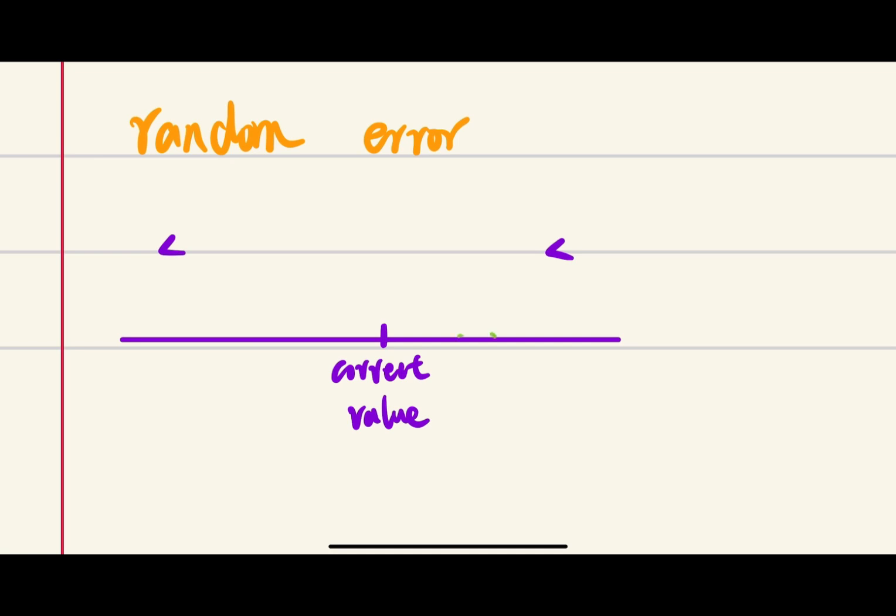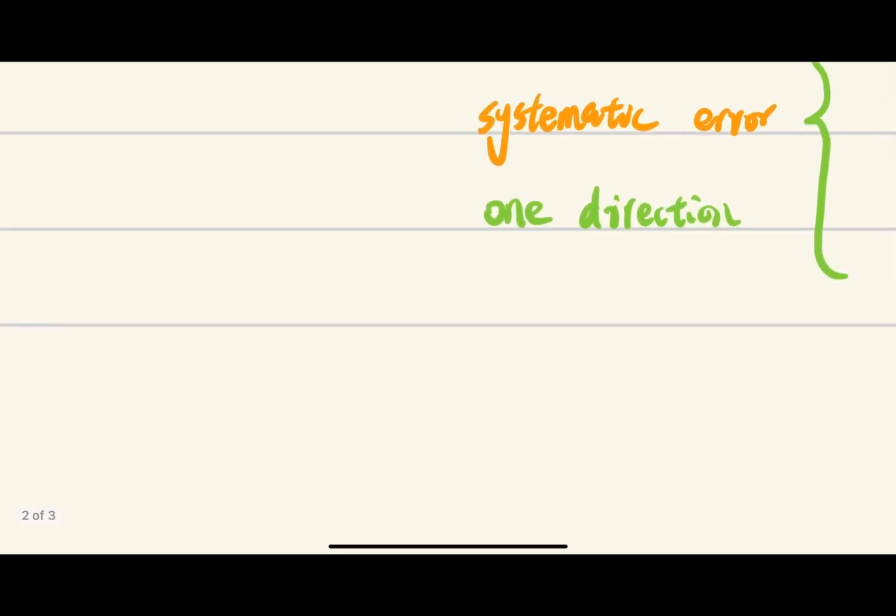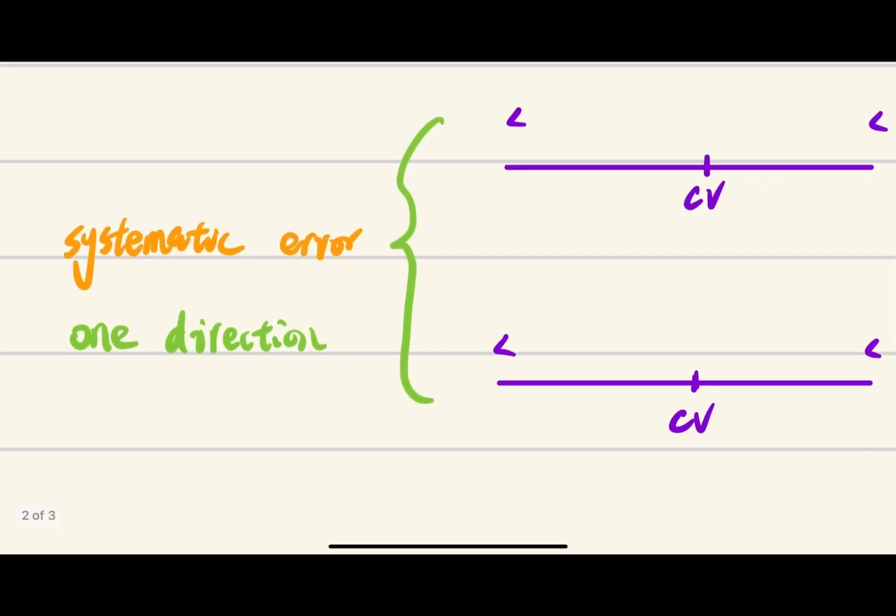The random error that we talked about before, the direction of the random error is two-sided. It means that it can be higher or it can be lower. You don't know, you have no idea. It's completely random, and that's why it's called a random error. It's not predictable. However, systematic error, on the other hand, is predictable and consistent.